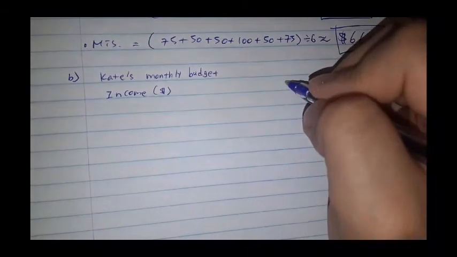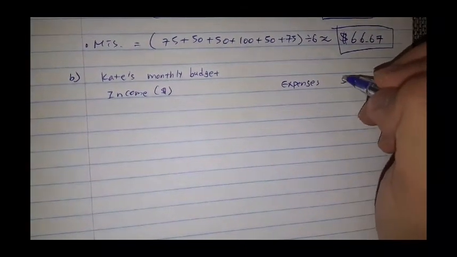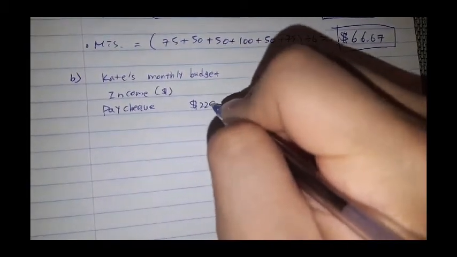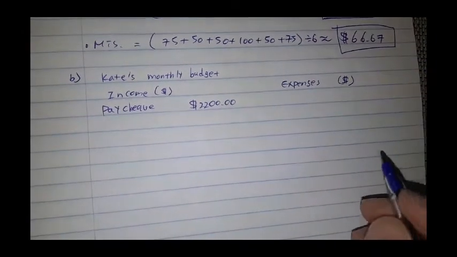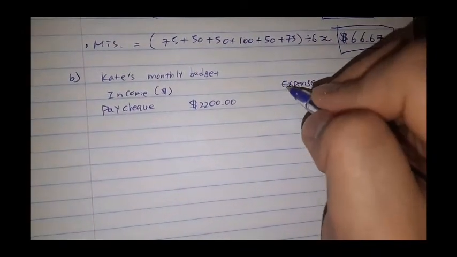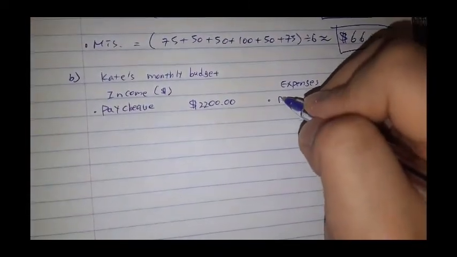On the left side, you should have income, money symbol, expense, money symbol. And on the left side, you have regular paycheck, which is 2,200. I believe that's the question at the very top. When it comes to expense, however, you need to go through each of them.